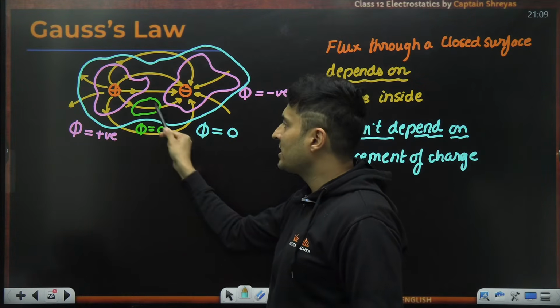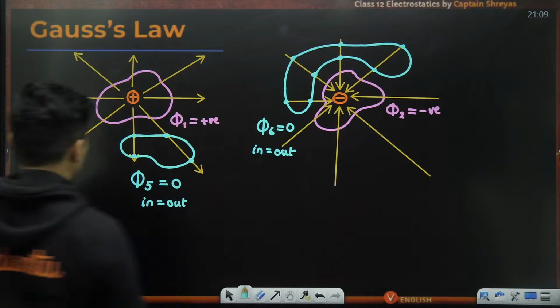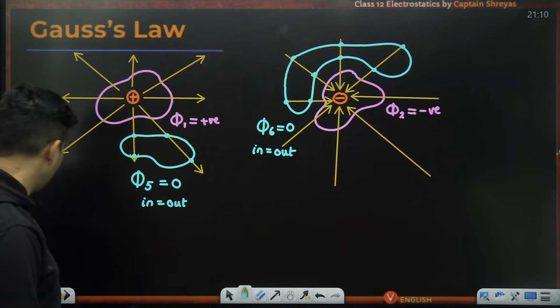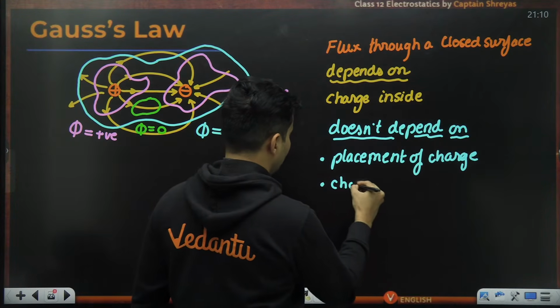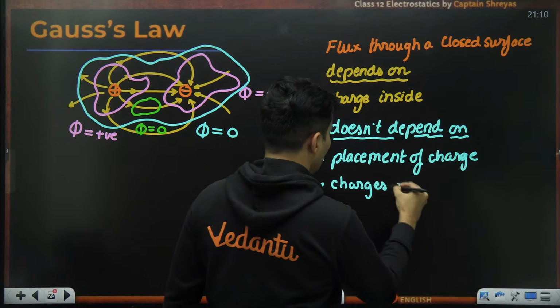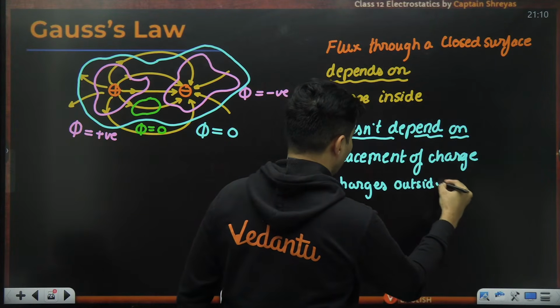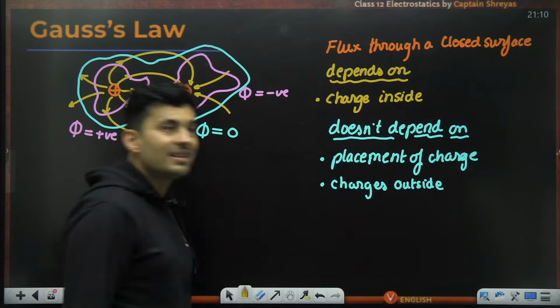Also, the flux does not depend on any charge which is present outside, like you saw over here also. For this surface, this charge was outside, it doesn't matter. So the charges outside do not matter. So only the charges which are inside matter.